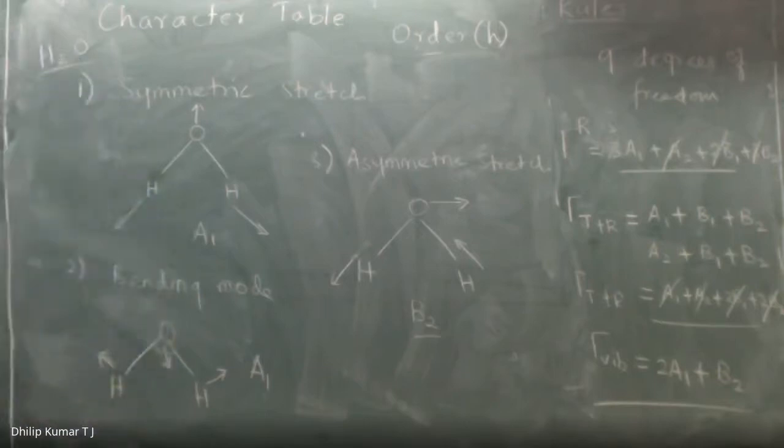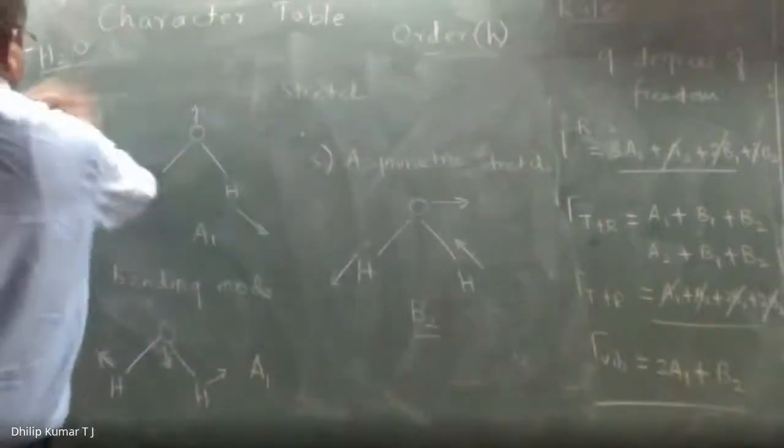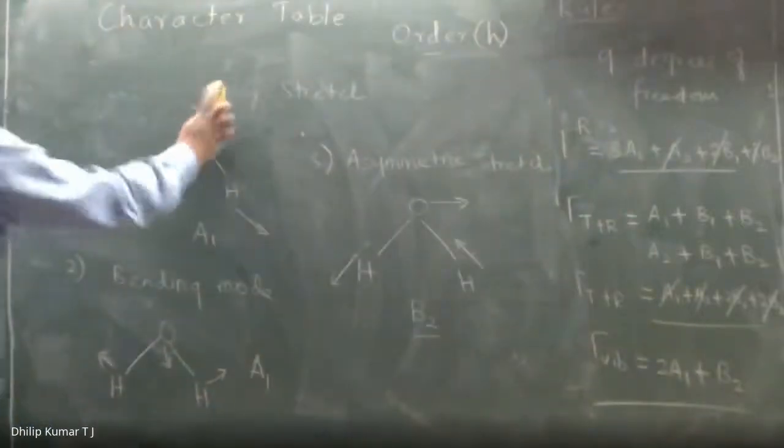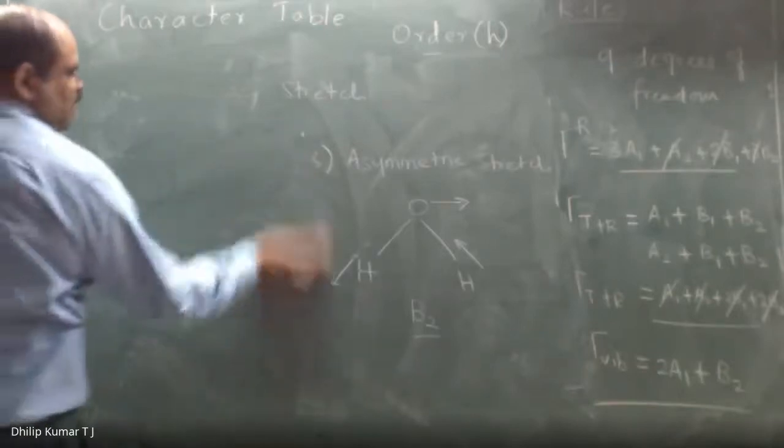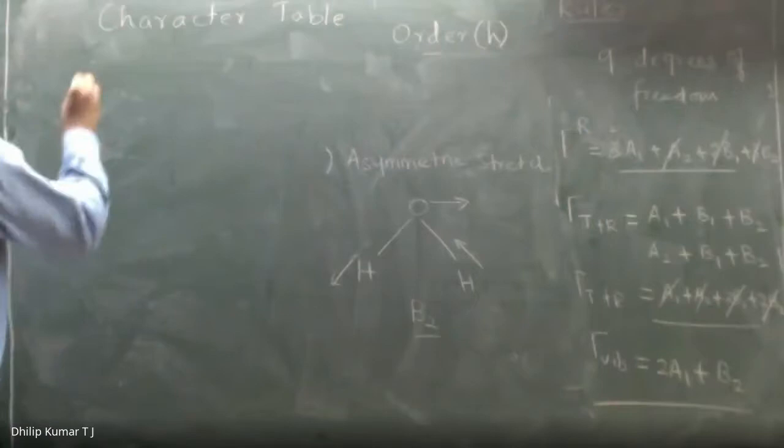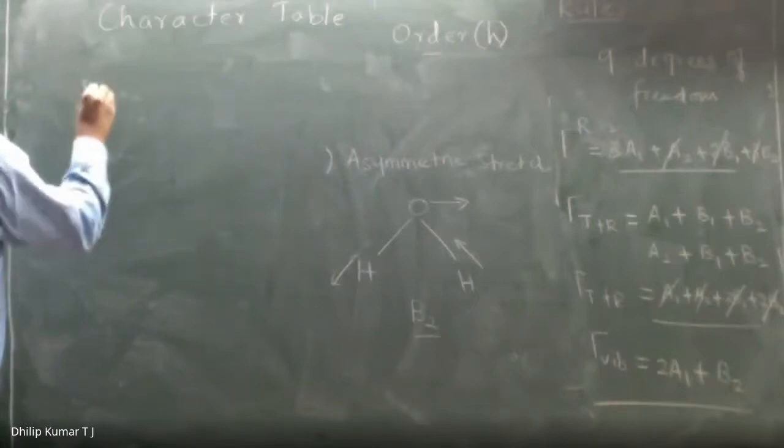What are the symmetries of the ammonia molecule, which has the C3V point group? It's straightforward, a lengthy process, but you can do it. You need the point group and the character table for C3V, which I have already given. So you work it out for ammonia.